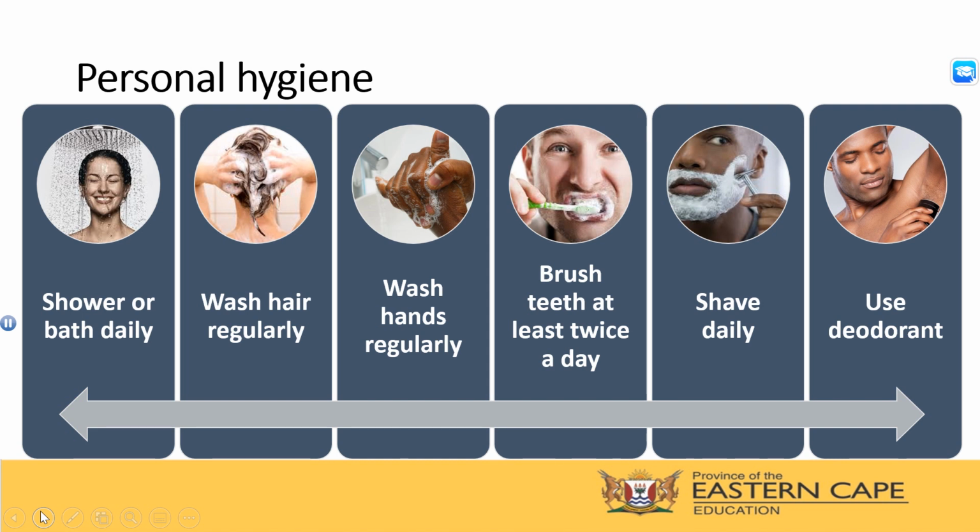Brushing teeth at least twice a day is very important. Men should be clean shaven. Everybody should use deodorant, and it's extremely important that everybody that works in the tourism industry maintains a certain standard of professional image, and in that, personal hygiene is an important component.